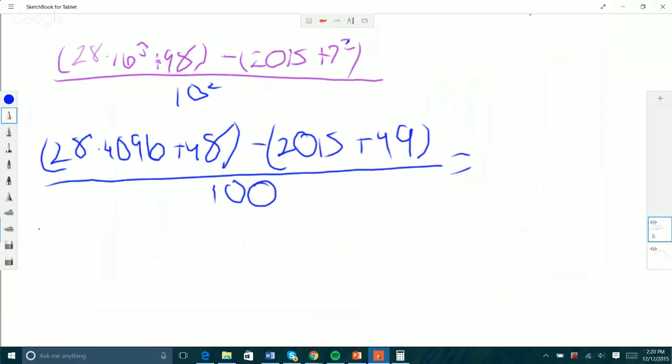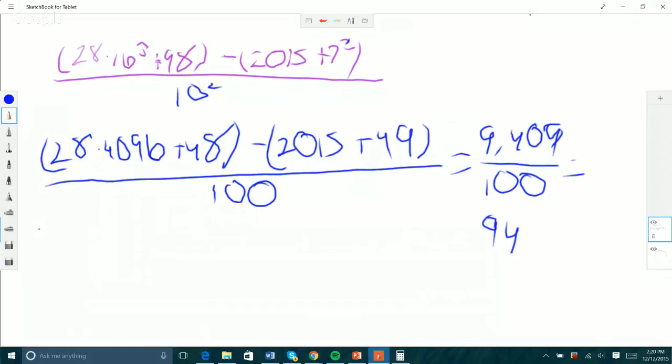It's going to be 9,409 over 100, or 94.09. That's right, you've got yourself a decimal. If you realize that, then good for you. Or if you use your calculator, then that's fine.